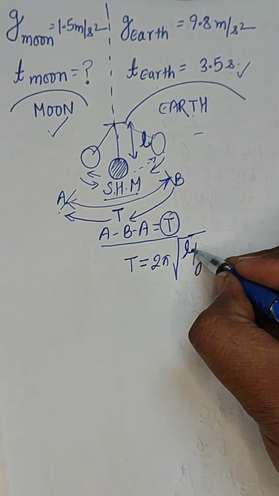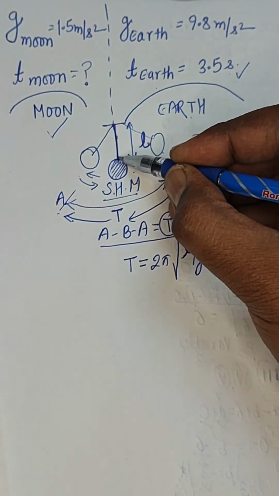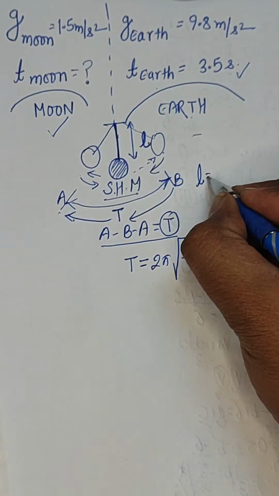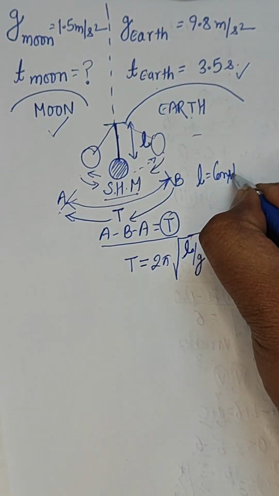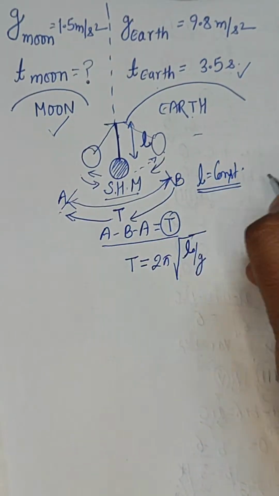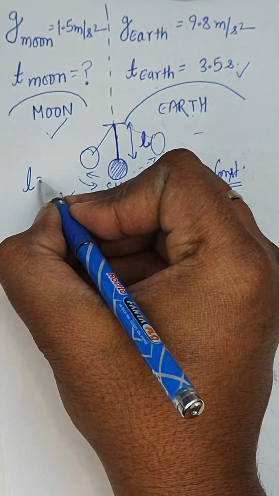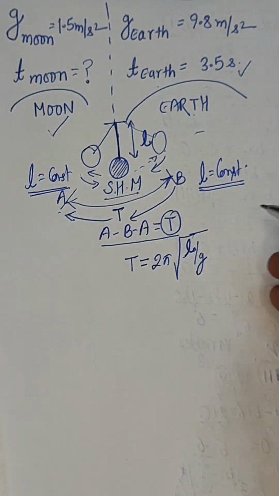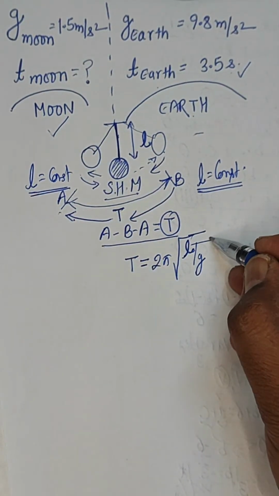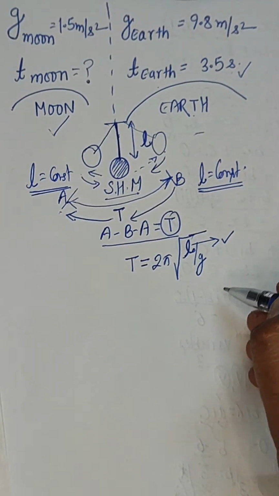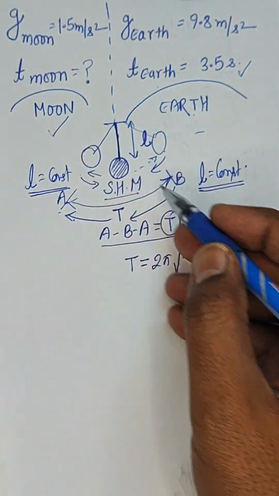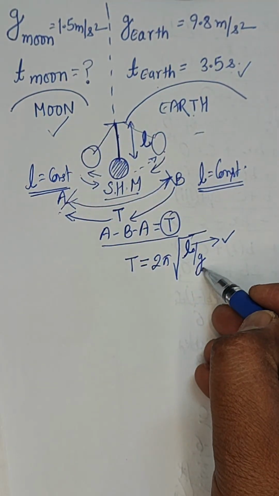The length of the pendulum is not going to change. So L will be constant. Whatever be the L over here, the same L will be on the moon. Now what is the value of g? If you are going on moon, definitely the value of g will change.